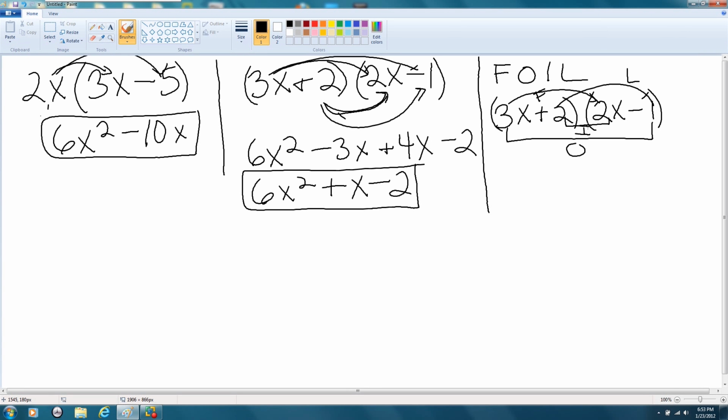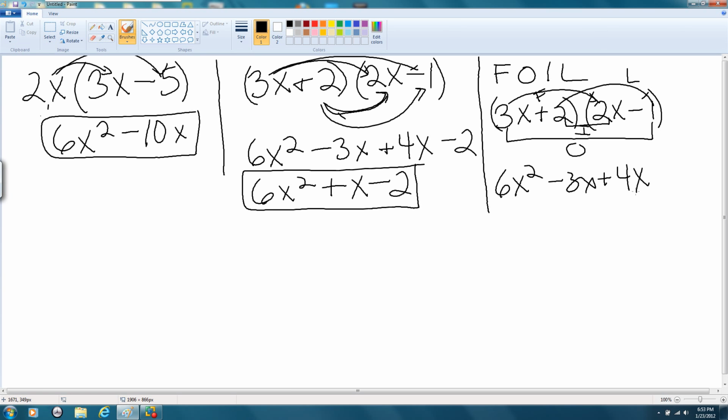So 3x times 2x is 6x squared. Then the outer is 3x times minus 1, which is minus 3x. That's a 3x, believe it or not. And then the inner is 2 times 2x, so that's plus 4x.